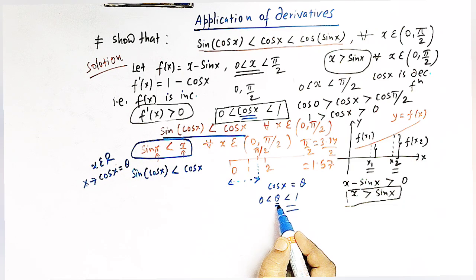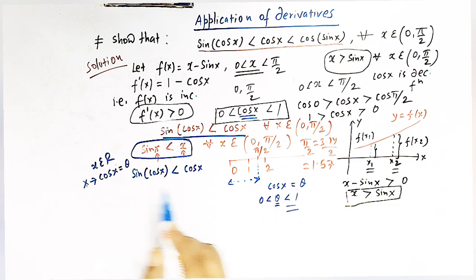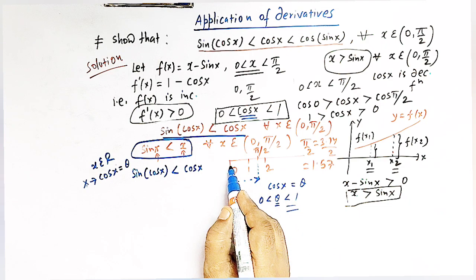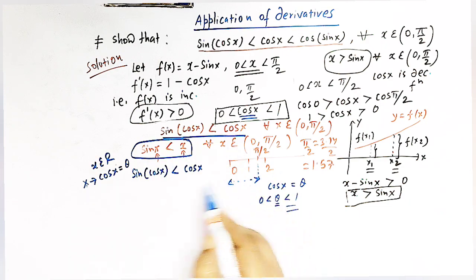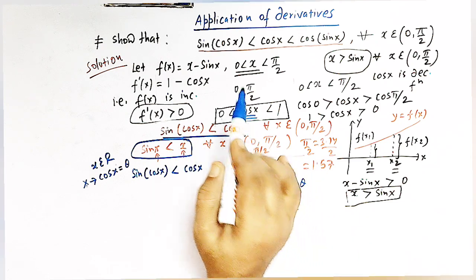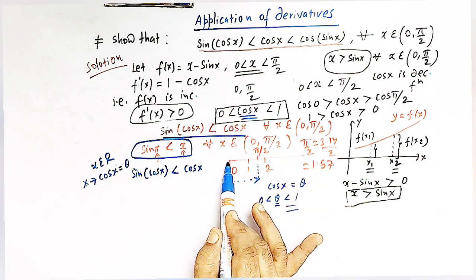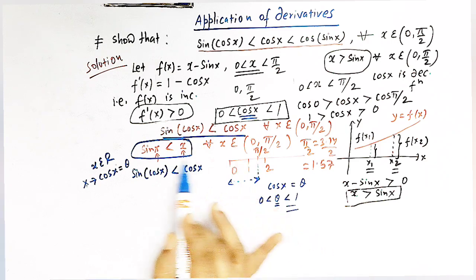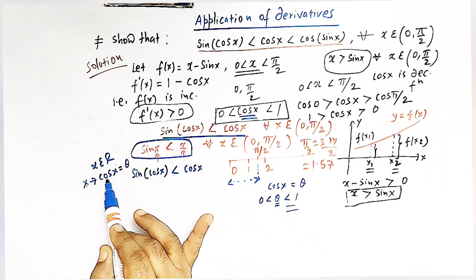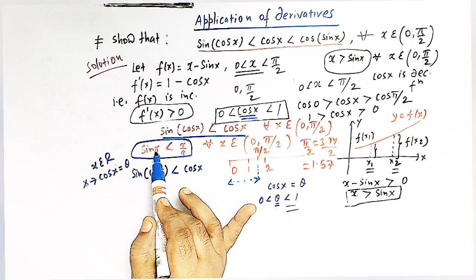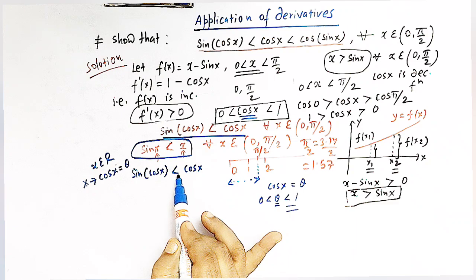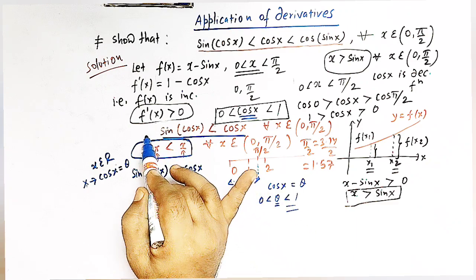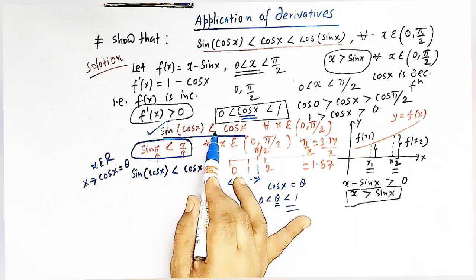So it implies that theta, that is cosine x, lies between 0 and 1, right? And this inequality is valid for all values in the interval 0 to pi by 2. So this number cosine of x can be replaced by this x. So we get sine of cos of x less than cosine of x. In this way we get this inequality.